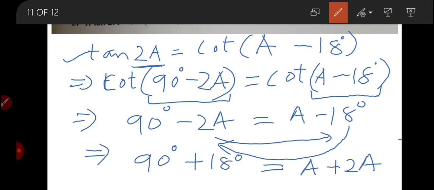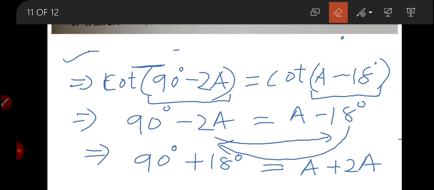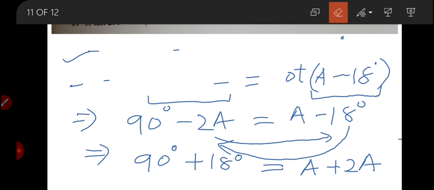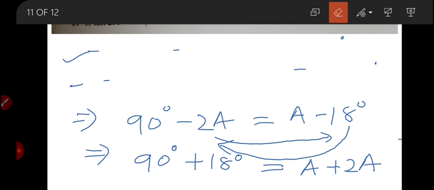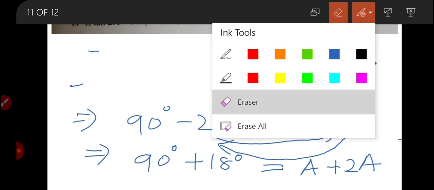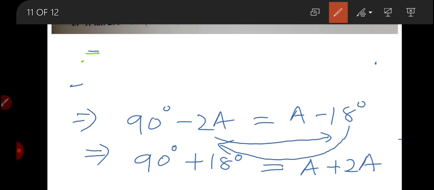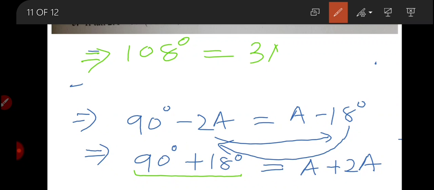Now 90 degree plus 18 degree is 108 degree, and A plus 2A is 3A.